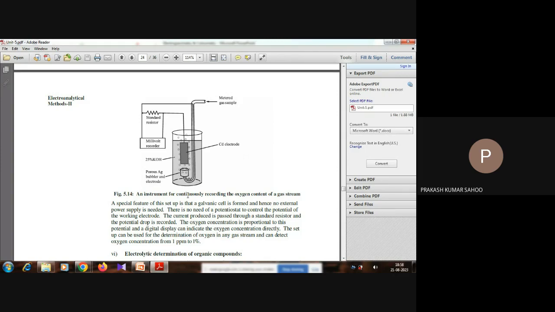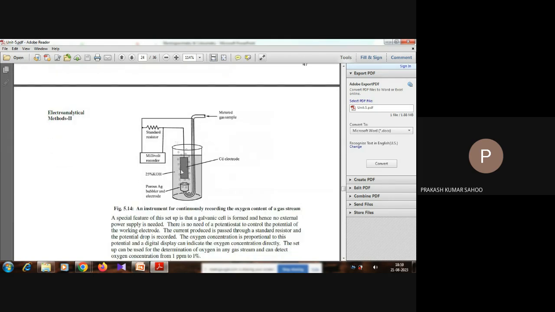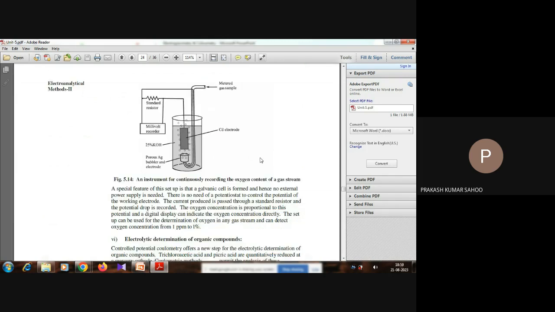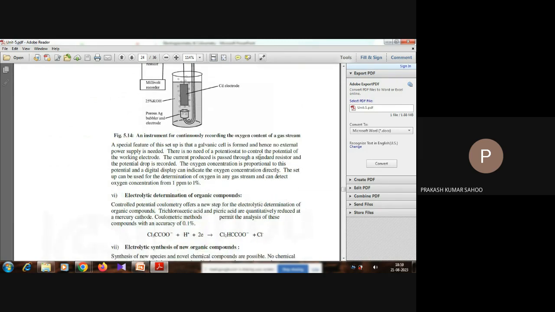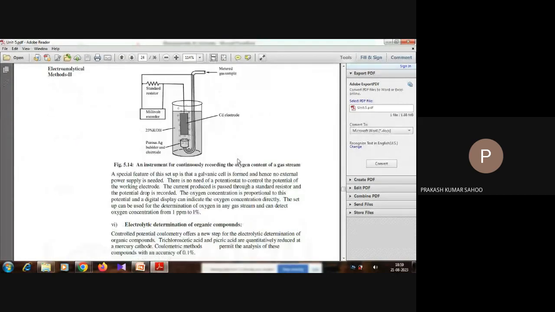These are very simple things. Here is the cadmium anode, 25% potassium hydroxide, porous bubbler, and a silver electrode. Standard resistors are there, and this will be the reaction, cadmium changed to cadmium hydroxide.